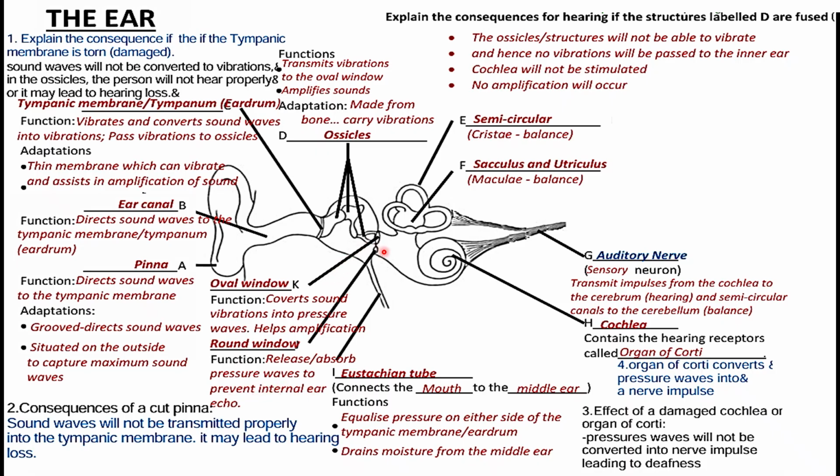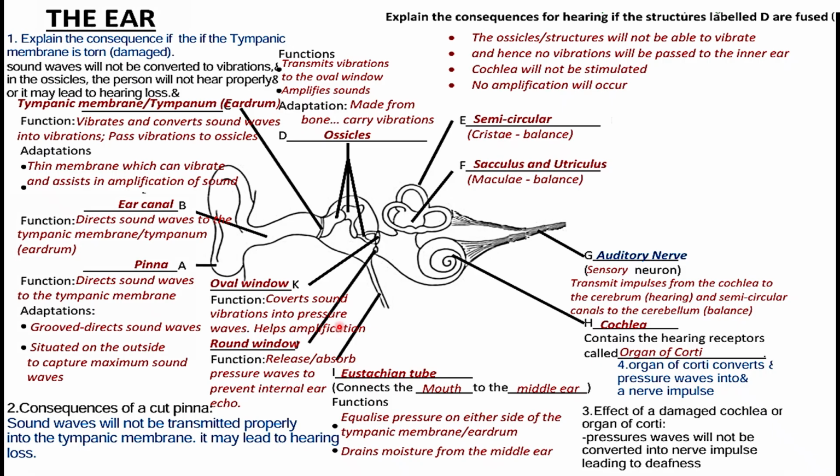Now, just below the round window, we have the eustachian tube. The eustachian tube, what does it do? It connects the mouth to the middle ear. And what is its function? It is there to equalize pressure on either side of the tympanic membrane.